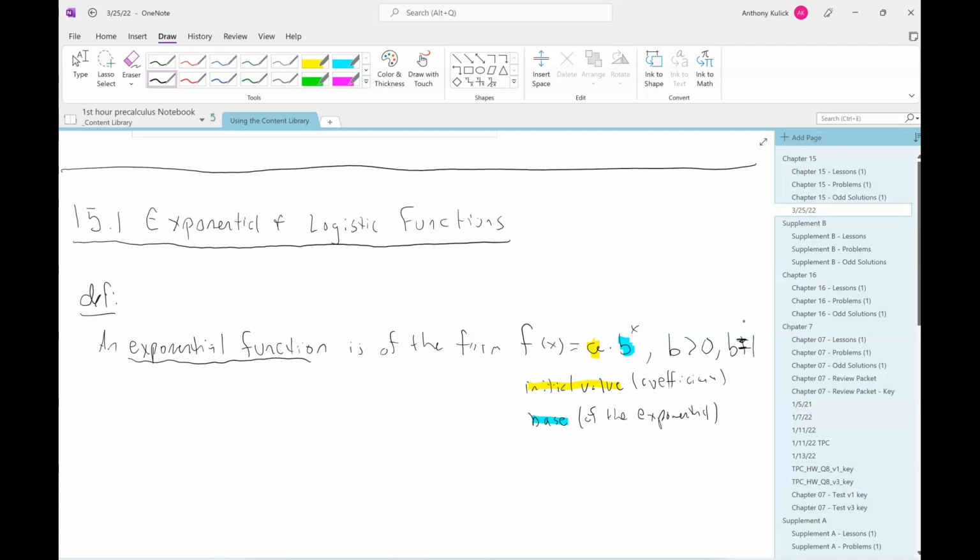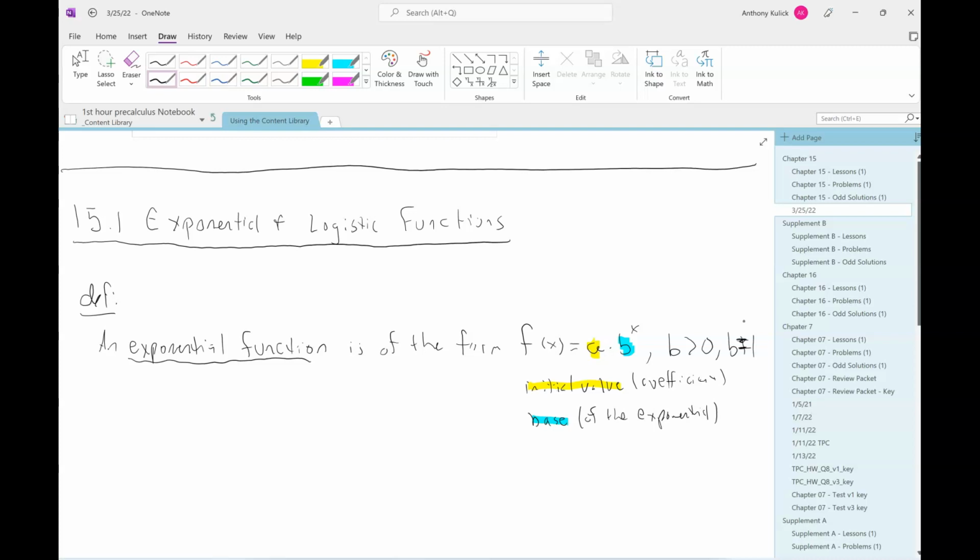Now, why do we not want to include the negatives? We're saying b can't be negative. What would happen if I did put a negative there? Why would that be a problem? Wouldn't the exponent kind of mess with the negative value for b? Sure, yeah.